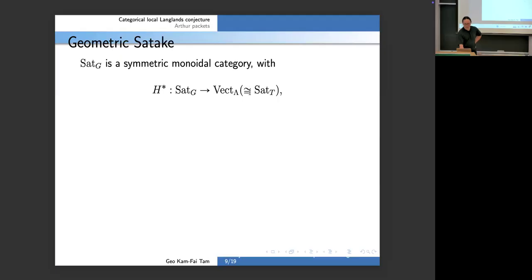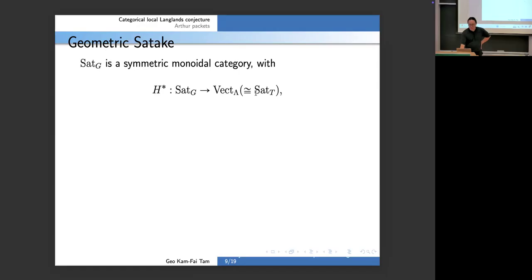But this can be identified with the Satake category of the maximal torus of G. So this gives you the idea about the usual Satake correspondence, right? From the representation of G to characters of T.